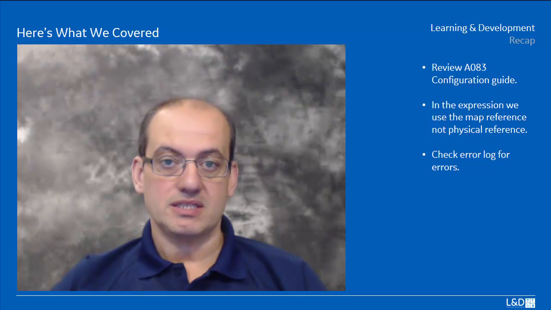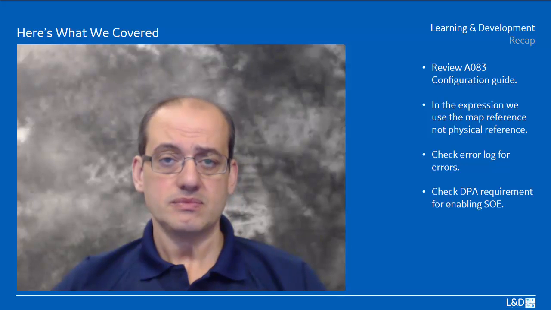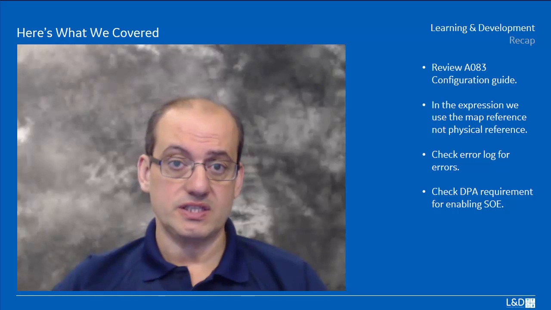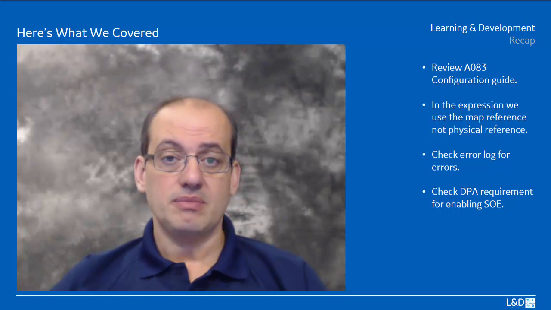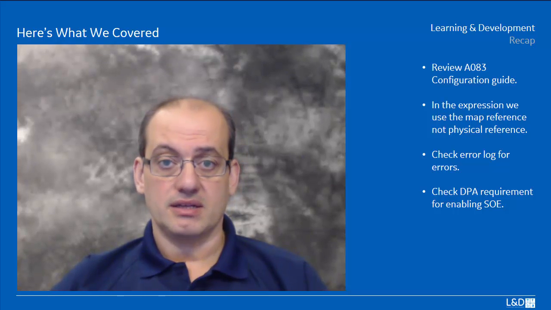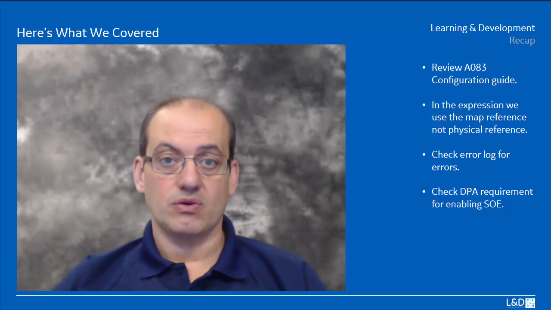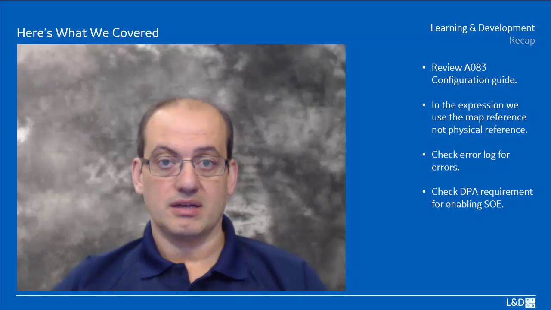One of the common mistakes is that students go directly into checking the points before checking the error log. And finally, if you're mapping the points into a DPA like you've seen in the last exercise, make sure that you enable the SOE event reporting in the Win database in the expressions table for that expression.